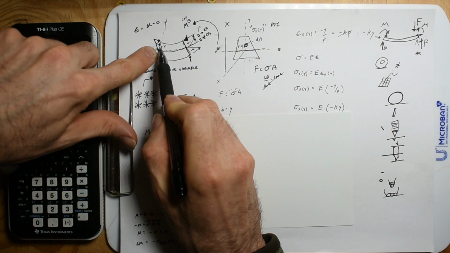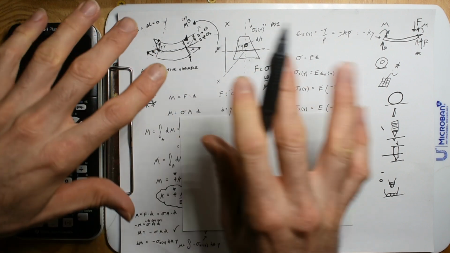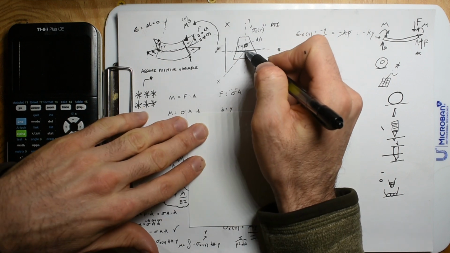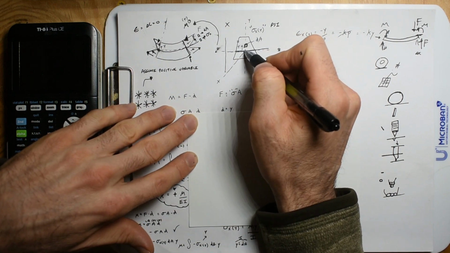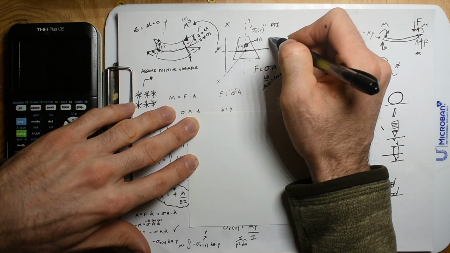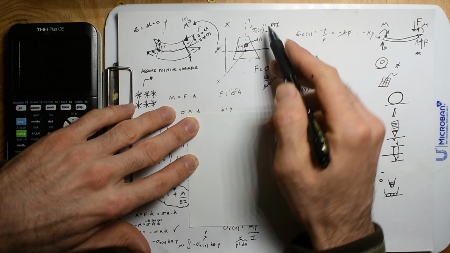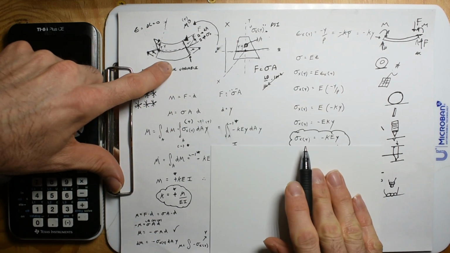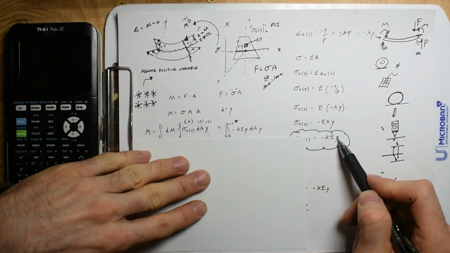Again, I know that there is a neutral axis, I just don't know where it is. So when we set this axis, this little chunk of area has that stress on it, which is a function of its position y. So we have that equation, this equation right here.